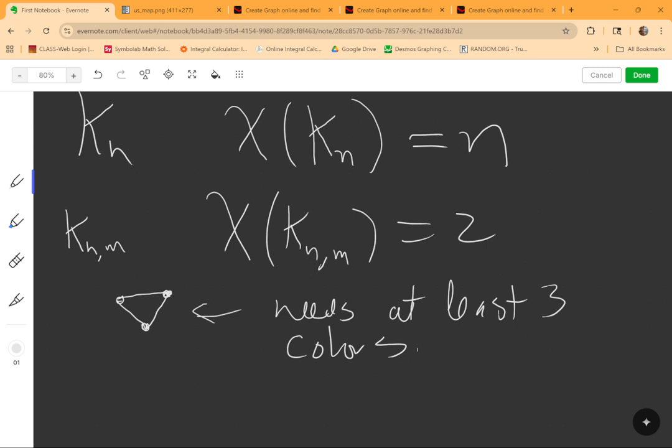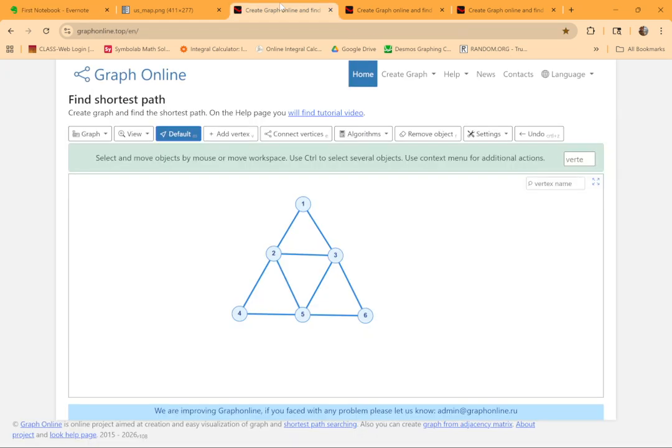Okay, let's take a look at some examples. Here I see a triangle, so we're going to need at minimum 3 colors, and as it turns out, we are able to do this with 3.